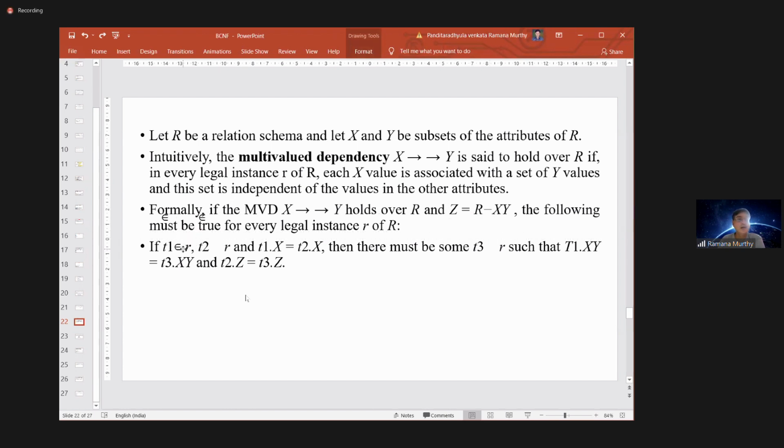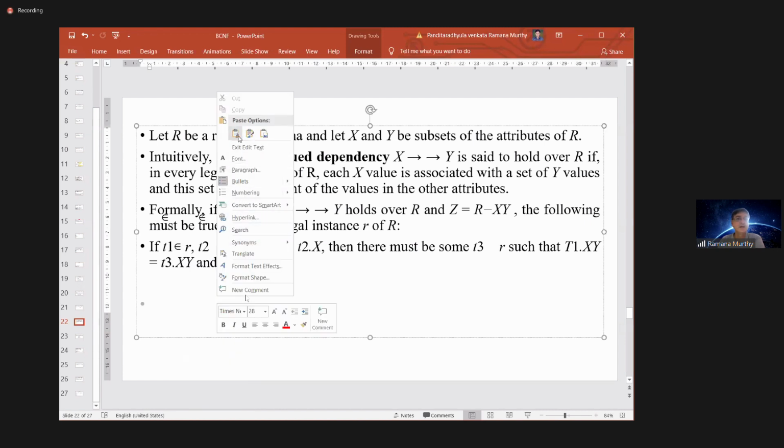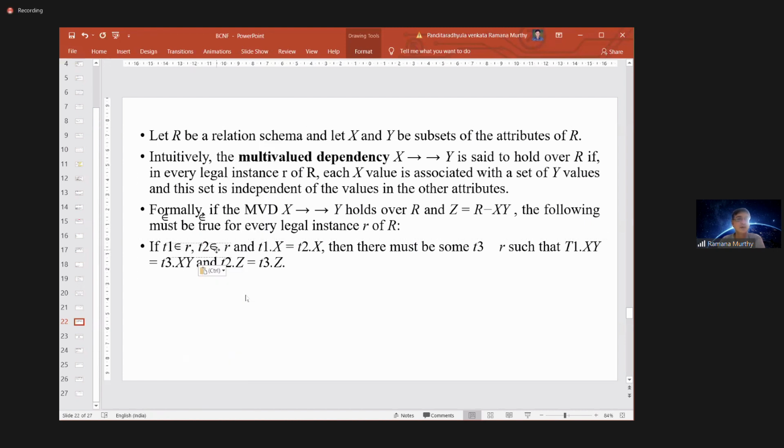Suppose T1 is an element of this relation instance R, and similarly T2 is also a tuple of R. Previously, in functional dependencies, we considered only T1 and T2: if T1.X equals T2.X, then T1.Y equals T2.Y.